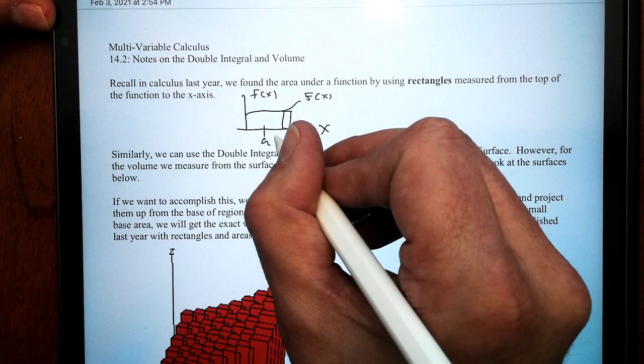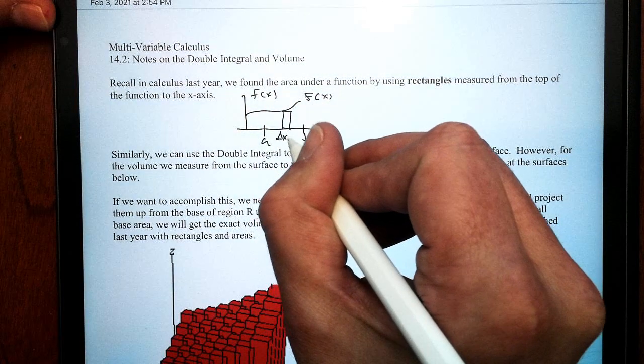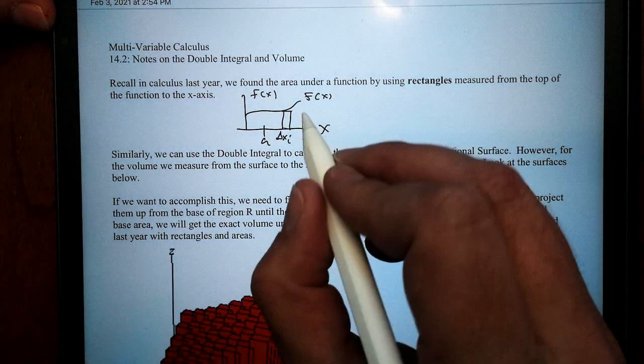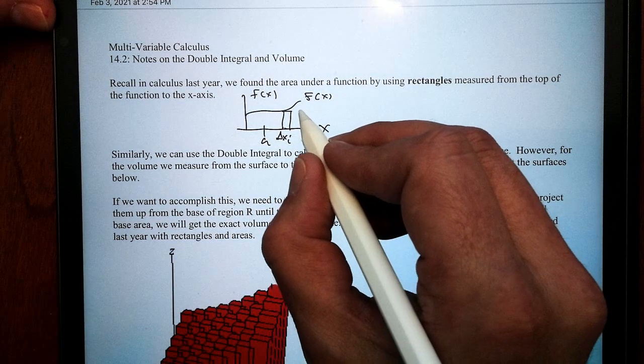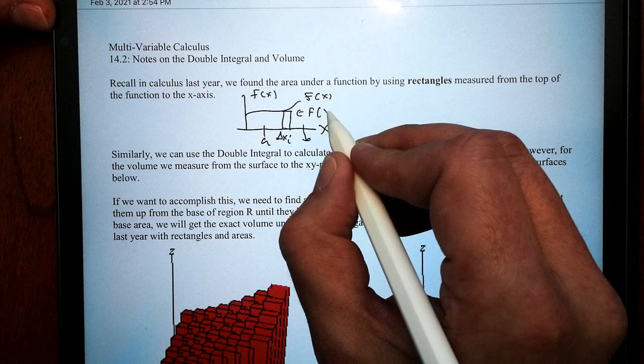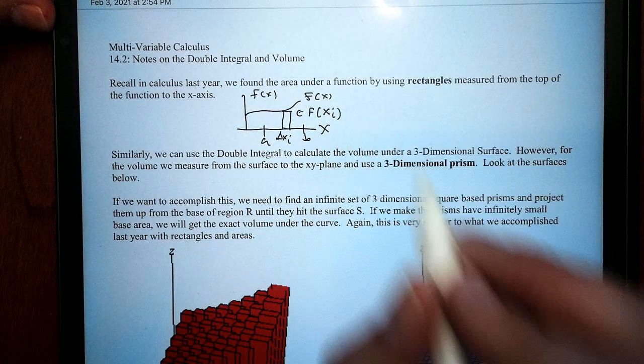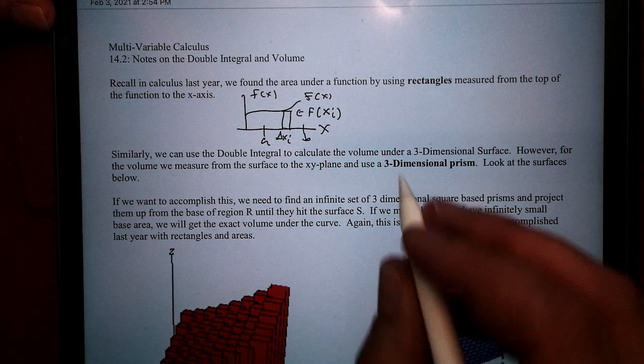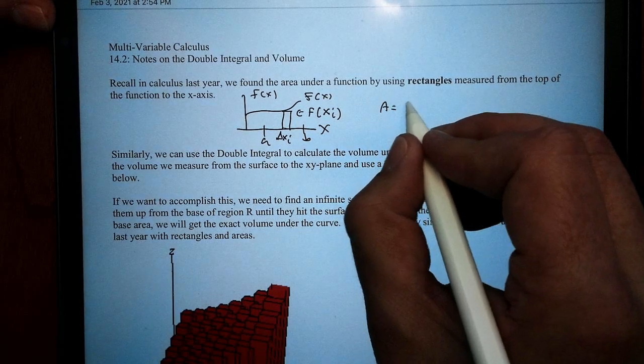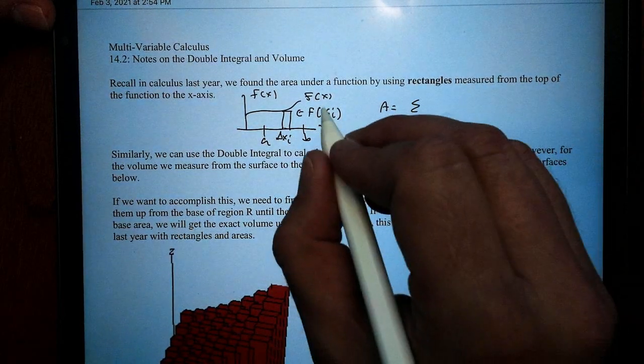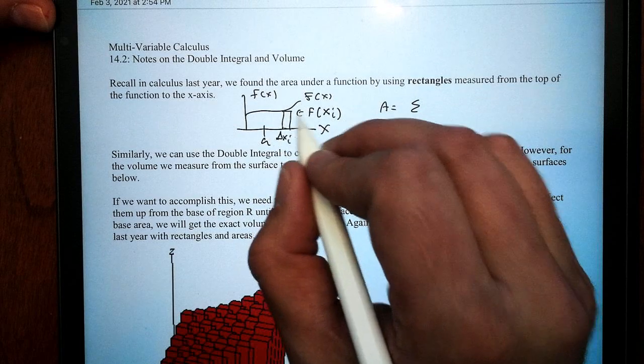The width of the rectangle we said would have to be delta x sub i, where i indexes the rectangle. We'll talk about that in a second. And the height of the rectangle is at some x sub i value. We can approximate the area by summing the rectangles.